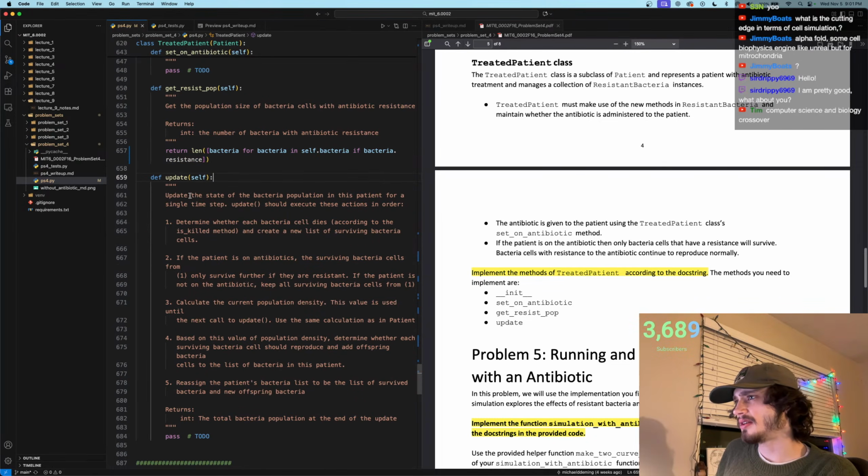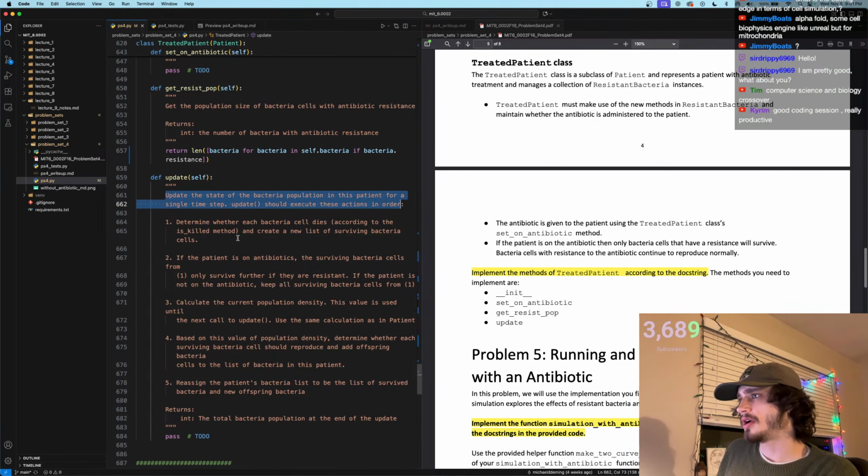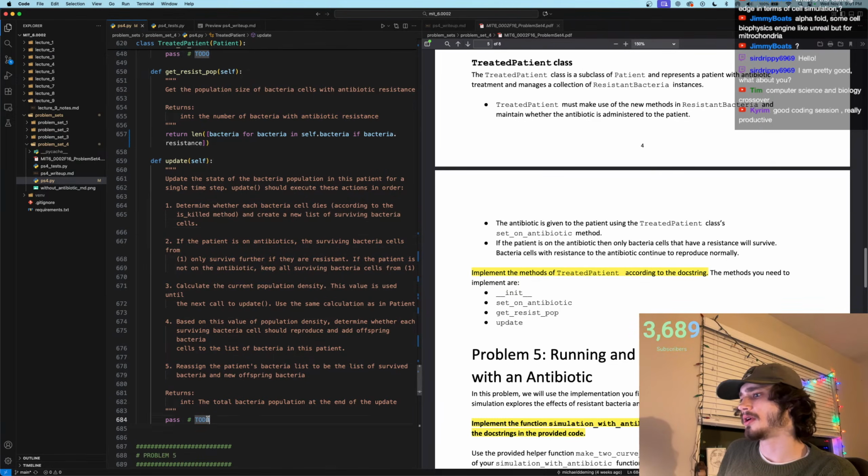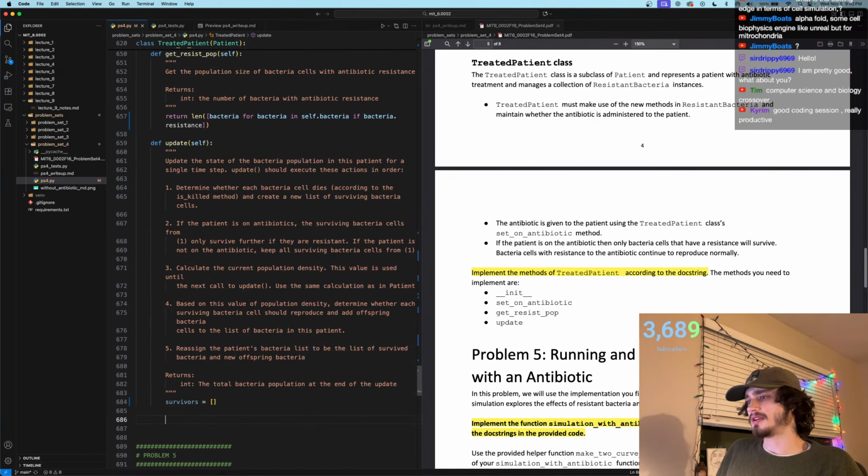So update the state of bacteria population in this patient for a single time step. Update should execute these actions in order. Determine whether each bacteria cell dies according to the is-kill method, and create a new list of surviving bacteria cells. Okay, so survivors is equal to an empty list.